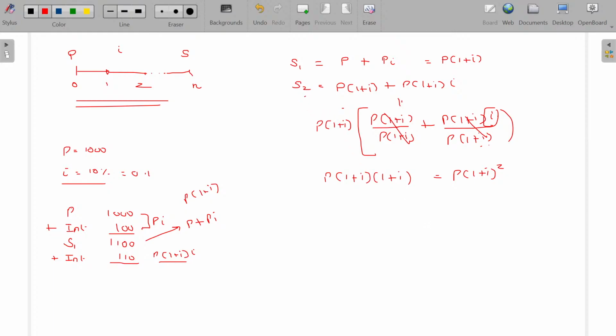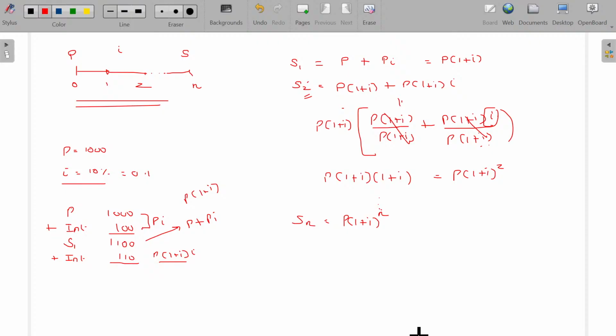For the sum value by the end of second year, it is P into 1 plus I to the power 2. What happens in case of nth value? S for the second year gives the power 2. If S is for any n year, the power should be n. P into 1 plus I to the power n is the answer. Clear? That's how we can get the formula.